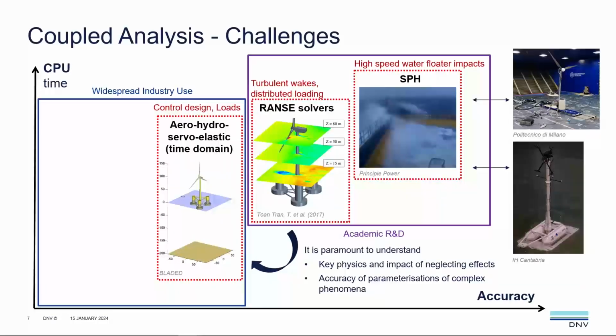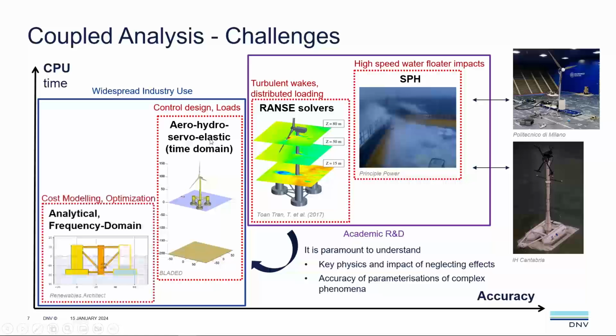We need to evaluate lots of design loops. And for this stage of development, there are other tools based on frequency domain approaches that are more suitable. A lot of effort is put on these types of tools at the moment in the industry to help perform quick design iterations.